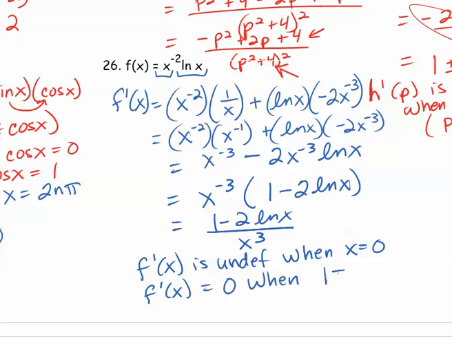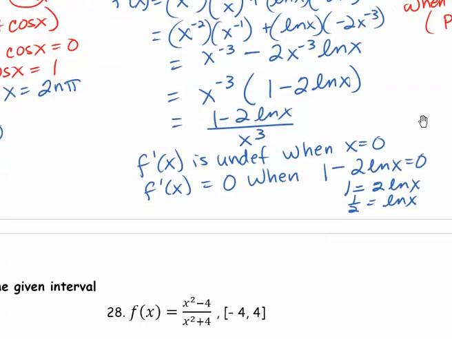So when is 1 minus 2 ln of x equal to 0? Well, that would be when ln of x is... maybe I shouldn't do it that way. Let's move that to the other side so we don't lose anybody. When ln of x is equal to 1/2.